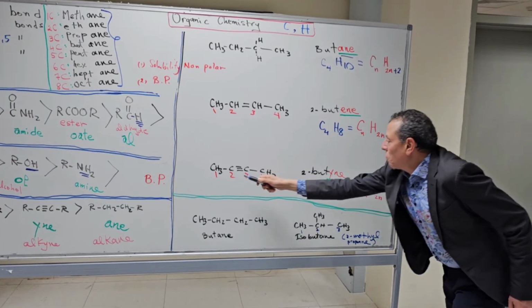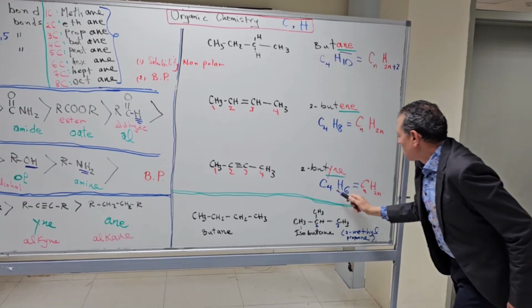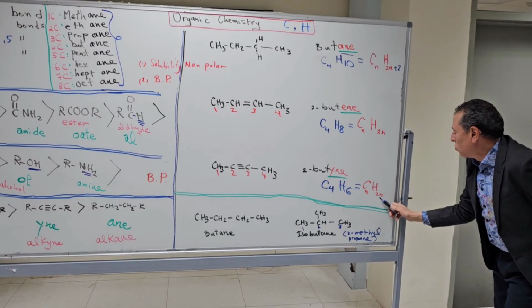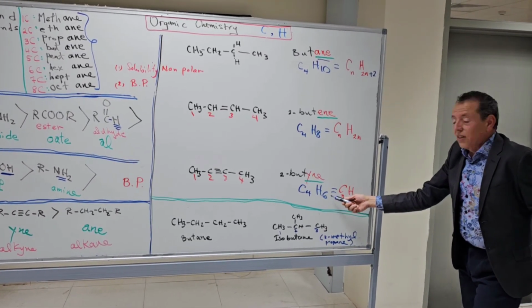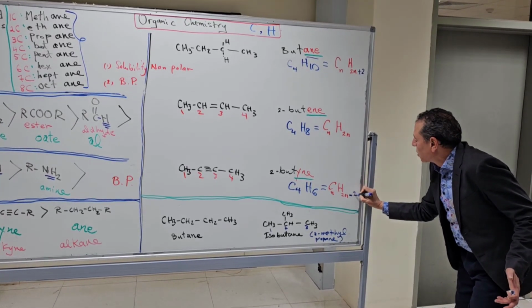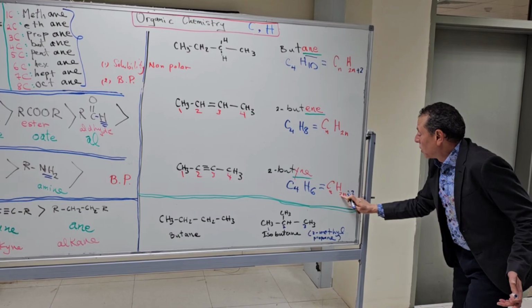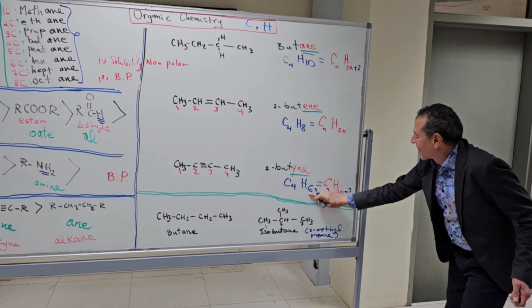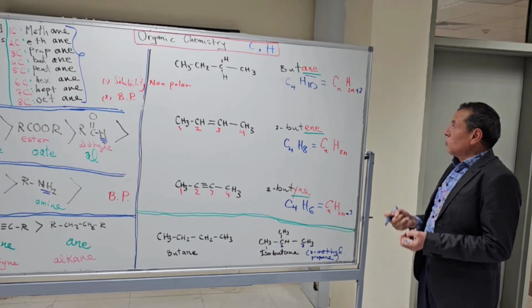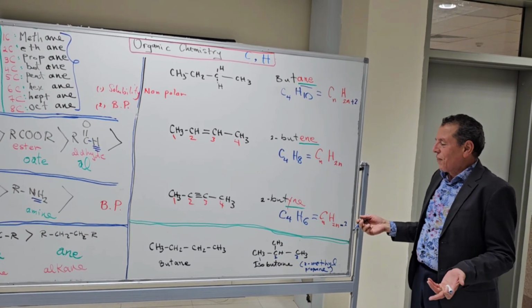If you calculate, carbon 4, hydrogen is 6, so C4H6. If you multiply 4 by 2, it should be 8. But now it is 6, so it should be minus 2. So 4 multiplied by 2 is 8, 8 minus 2 is 6. So now you can conclude the rule CnH2n-2 by yourself.